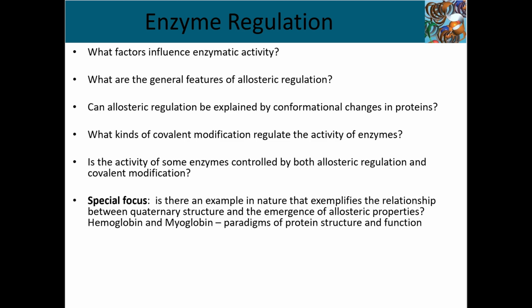And there's nearly always a hemoglobin question on any standard biochemistry exam having to do with allosteric regulation. So we're going to spend some time there because I think it's part of the biochemical canon, so to speak.